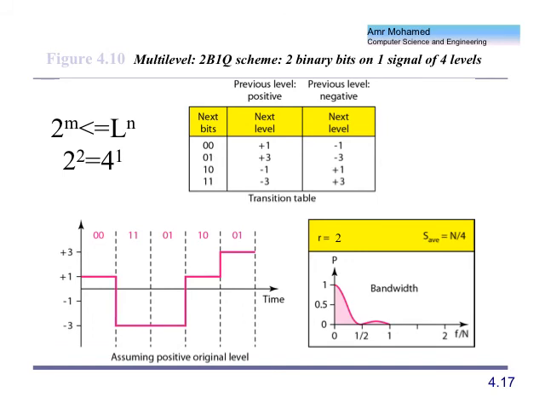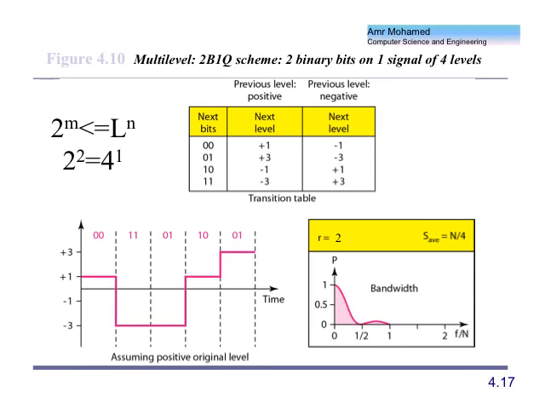Then someone might argue, what is the benefit here? Why do I need to do this? The main benefit, what I gained, is actually bandwidth. Bravo. That's right. Because R is actually doubled now.